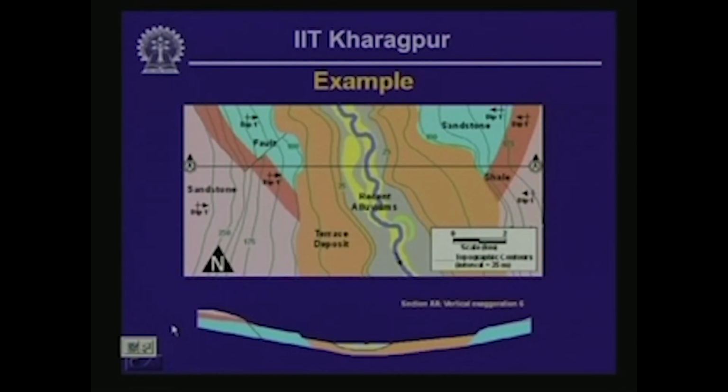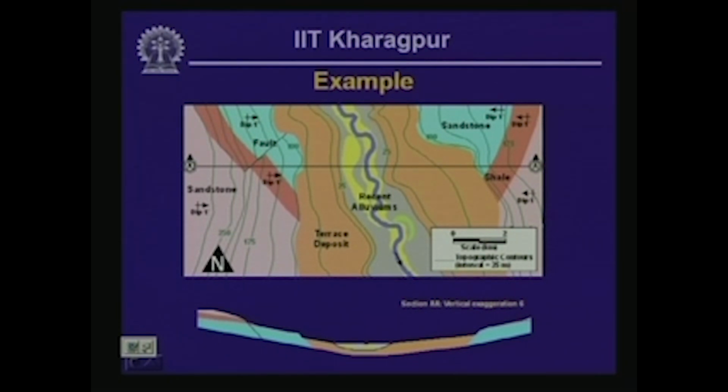Okay, let us move on to the next slide. That one looks at the same geologic map that was prepared earlier, and in this case we tried to prepare section AA across the river, which might follow the alignment of a bridge site that has to connect the two banks of the river.